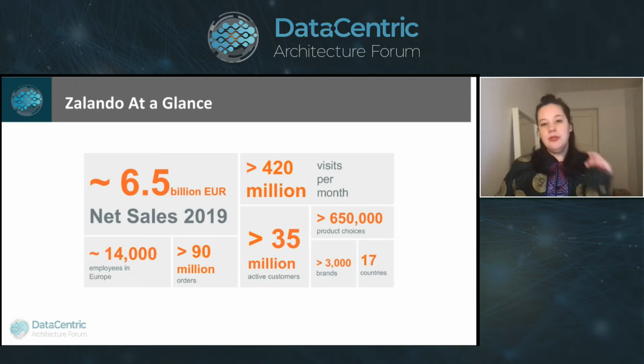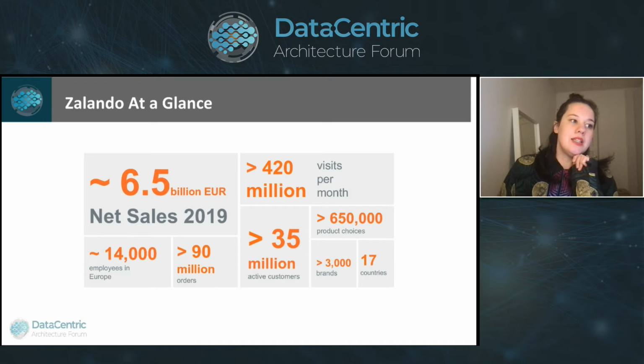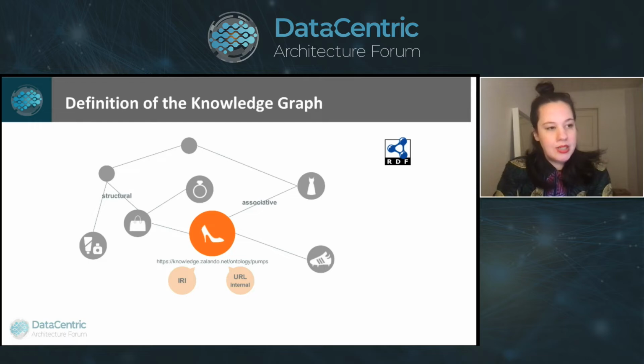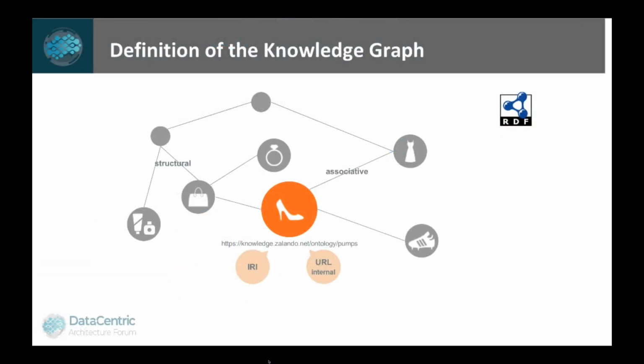So going forward, the next part is how do we define the knowledge graph? On this image, with the shoe in the middle, it's the picture I like to draw for you about the knowledge graph. What we have here are nodes that are fashion concepts. We call them, for lack of a better word, fashion tags.